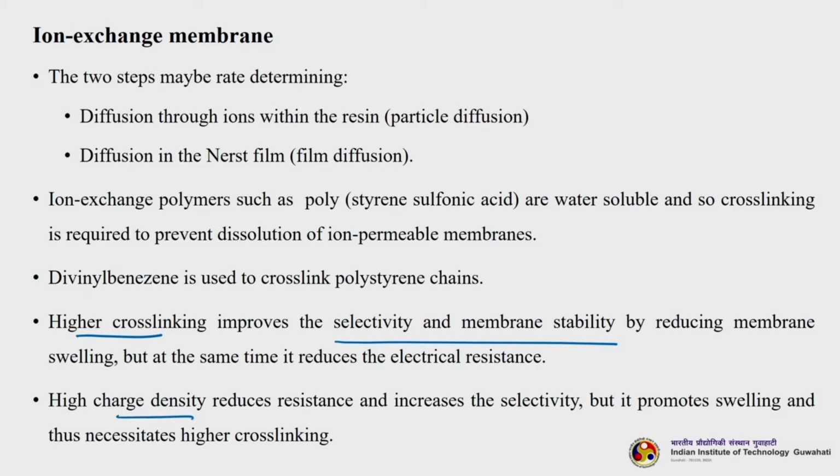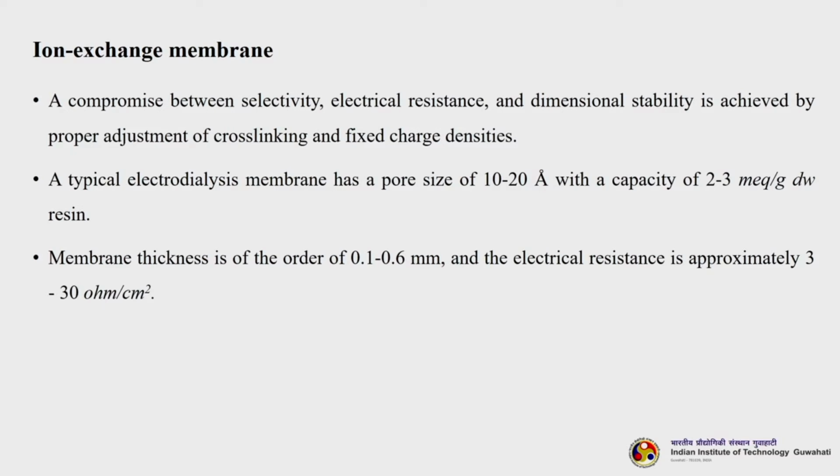Some sort of optimization is required so that cross linking is good and charge density is also good. A compromise between selectivity, electrical resistance and dimensional stability is achieved by proper adjustment of cross linking and fixed charge density. This is what I was just saying, that some sort of optimization is required to have good cross linking as well as good fixed charge density.